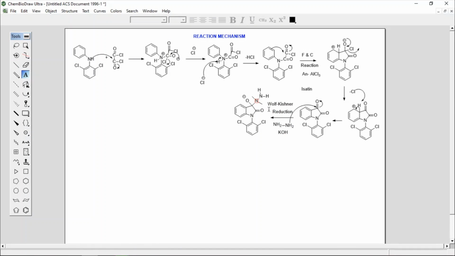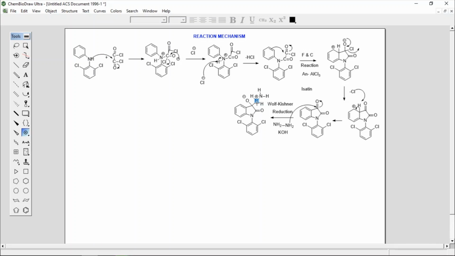So just add hydrogen here, and a positive charge on this nitrogen.